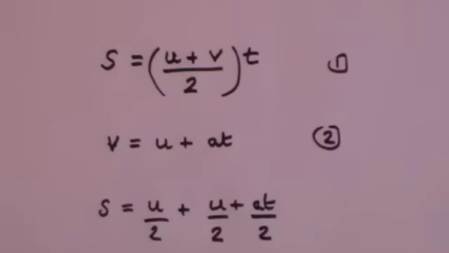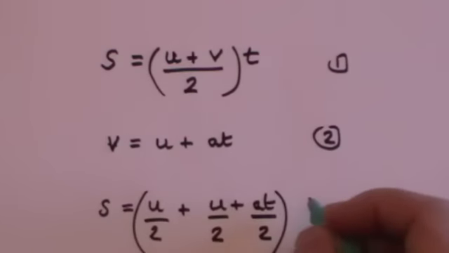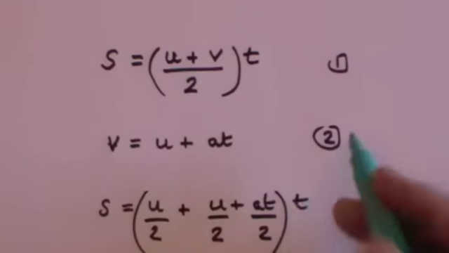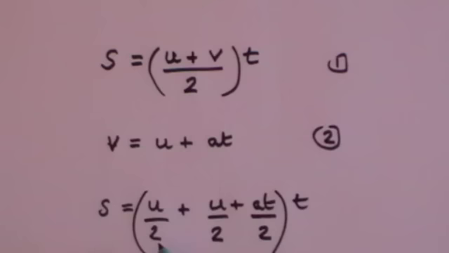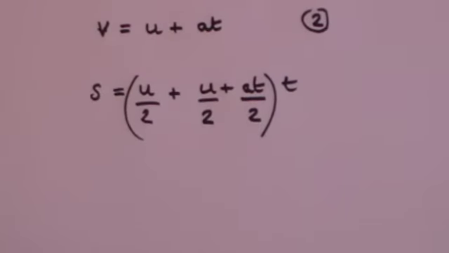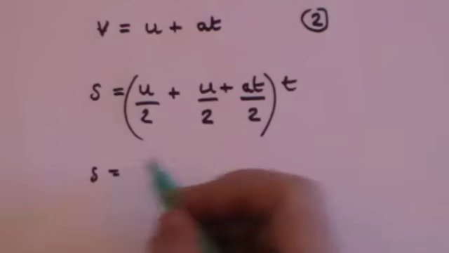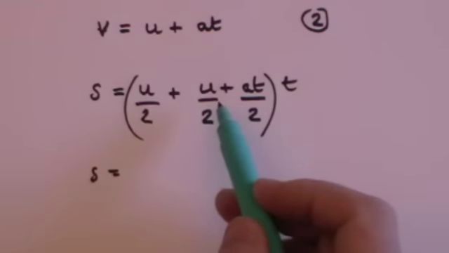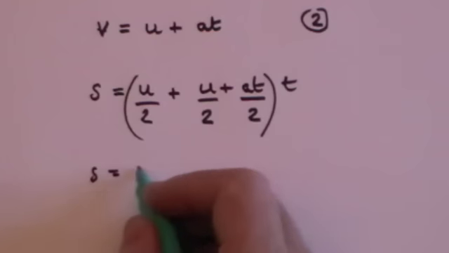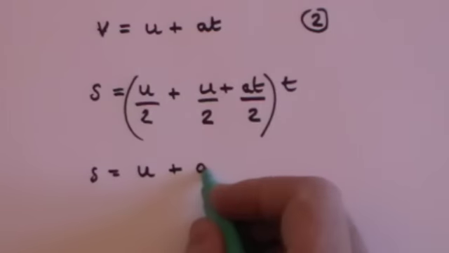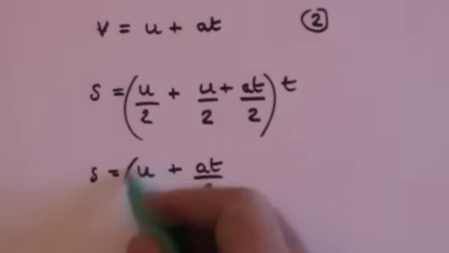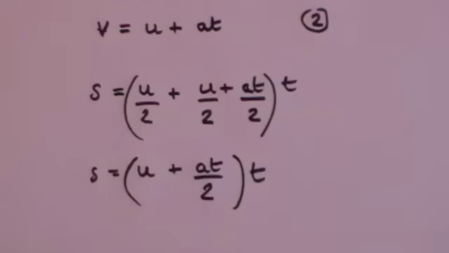And all of those are multiplied by t, because it's u plus v over 2 times t. Well, what does that work out to? U over 2 plus u over 2 is simply u, plus at over 2, all times t.